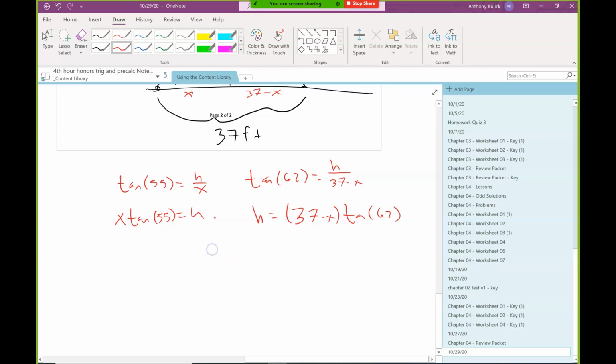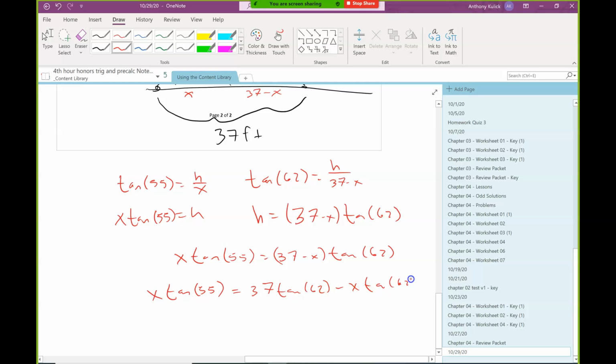They're both equal to h, so I can set them equal to each other. And then we'll distribute things through so I can get the x's all on one side. So I'll add that tan 62 to the other side.